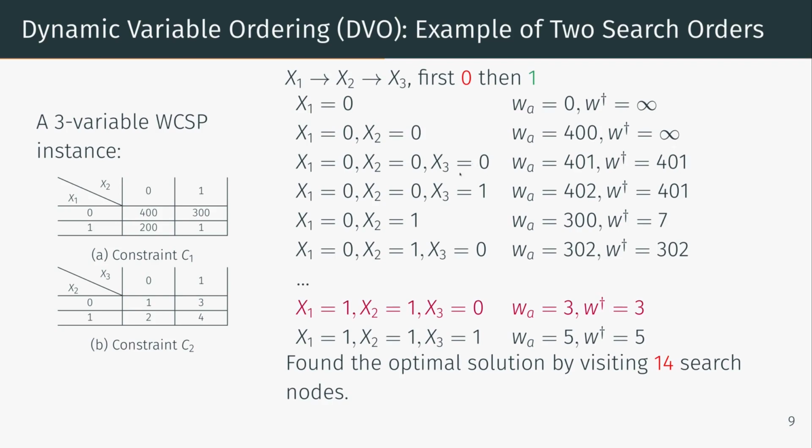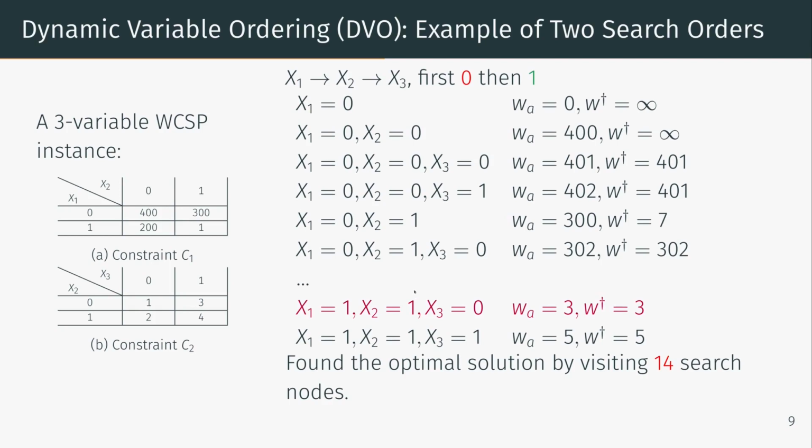And we backtrack to x2 equals 0 and make the next assignment of x3, which is x3 equals 1. So now we look at the table again. We have WA equals 402 and W dagger is 401. Because 401 is smaller than 402, we don't change that. And then we backtrack and we update x2 and we do the same step here and then here.